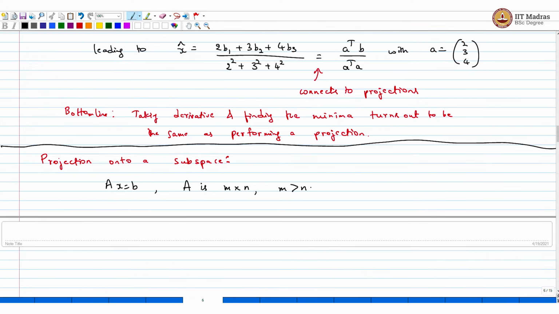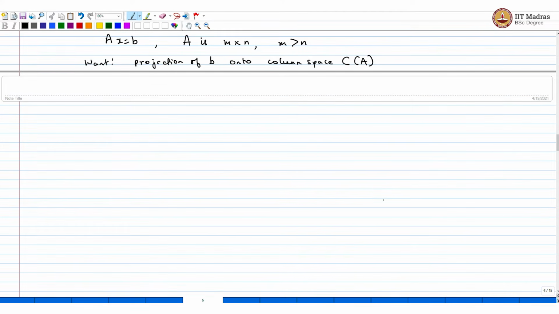Let us say I have more equations than unknowns, and I want to project onto the column space of A. So, this is what we are going to do.